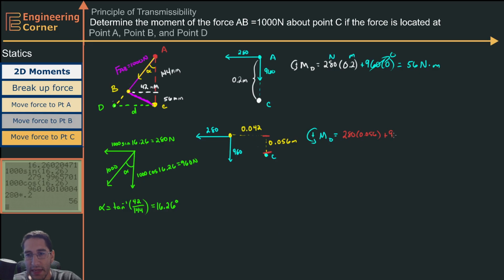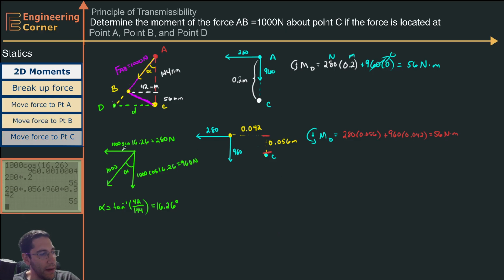So it's going to be plus 960 times its perpendicular distance, which is this 0.042. So now when we put this in the calculator, we should get the exact same answer. And we do. We get 56 Newton meters.